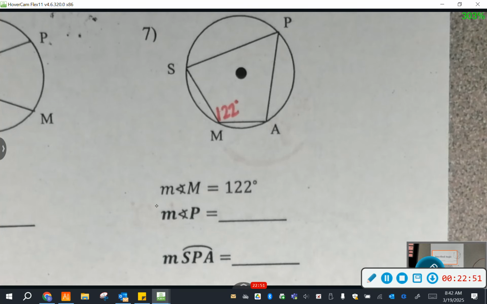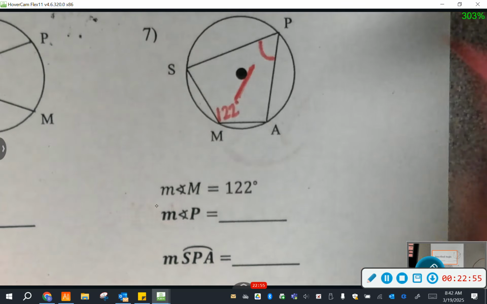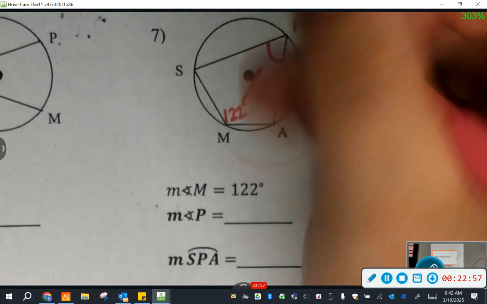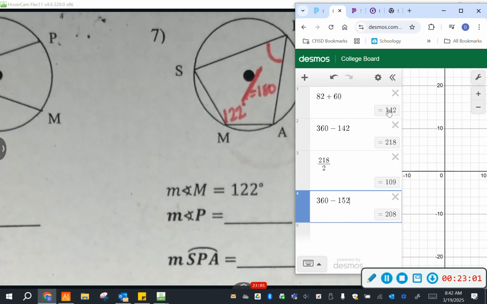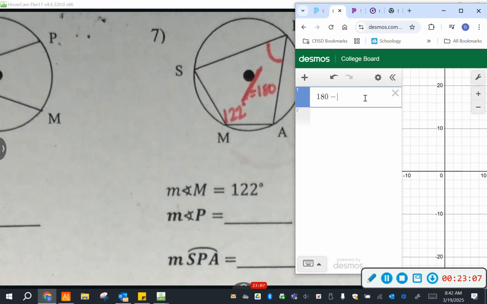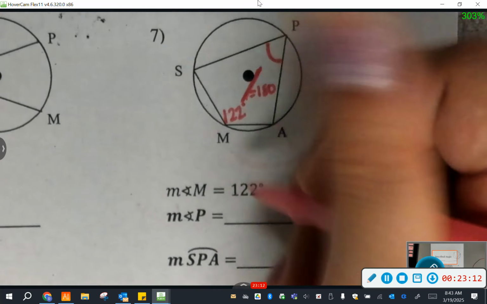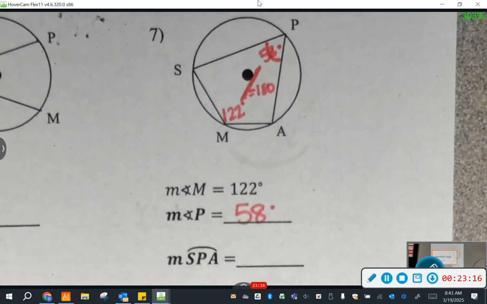How do I find angle P right across from it? Minus 180, because don't you agree those equal 180 together? Be careful, you're not doing 200 minus. What is 180 minus 122? 58. So angle P is 58 degrees.